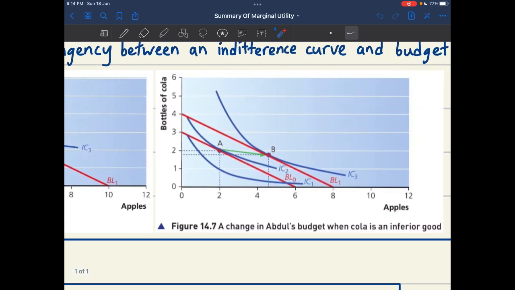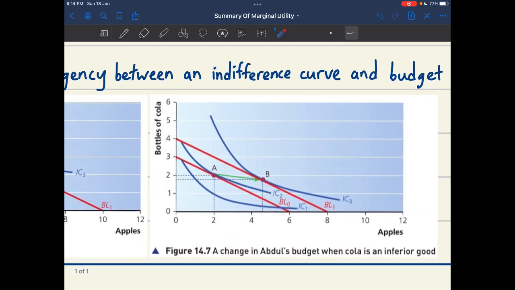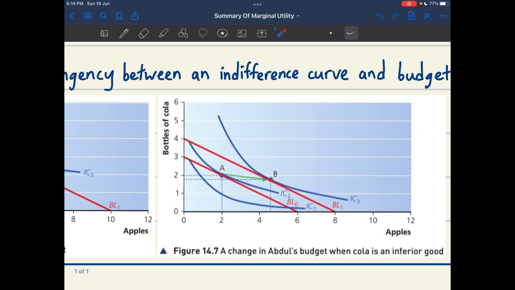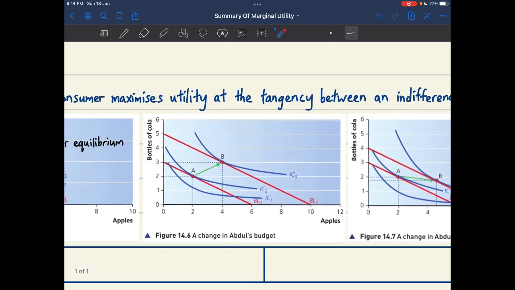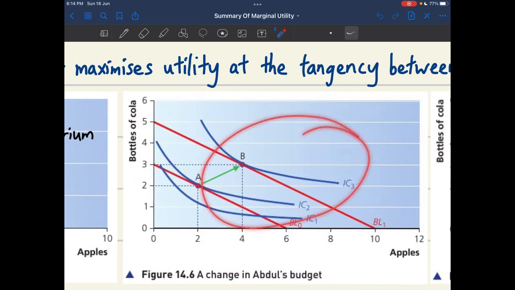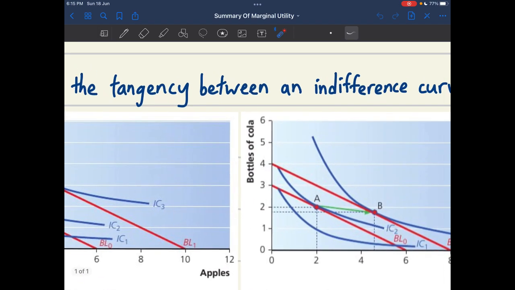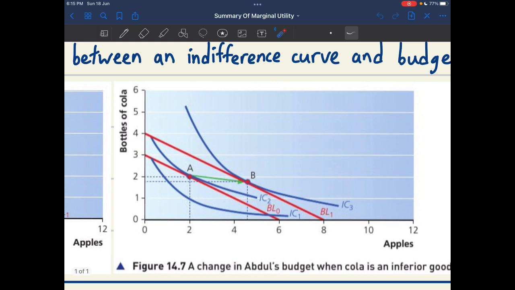Okay, a change in Abdul's budget when cola is an inferior good. Alright, so if cola is an inferior good, you'll realize that the IC curve, if you look closely, for this graph, the graph is slightly tilted above. So you can see that there's no decrease in the bottles of cola that one person will consume. But if you look at this particular indifference curve, it's actually tilted to the bottom, which means that the person will now consume more apples but less cola if let's say there is an increase in the budget.